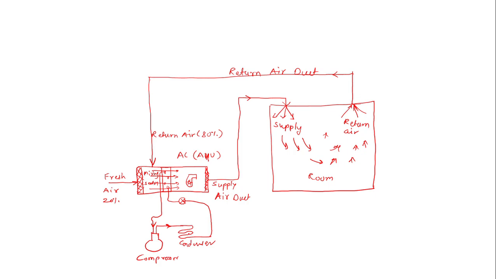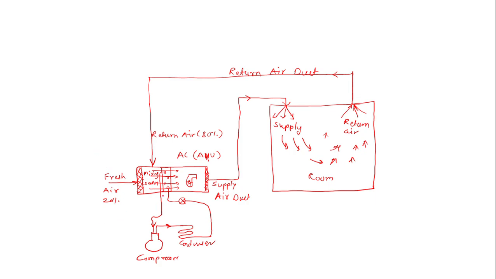Now that high pressure, high temperature liquid refrigerant is given to the expansion valve. In the expansion valve, the pressure and temperature of the refrigerant drop. Because of that drop in temperature, the refrigerant is able to absorb the heat from the warm air, and again this cycle continues.